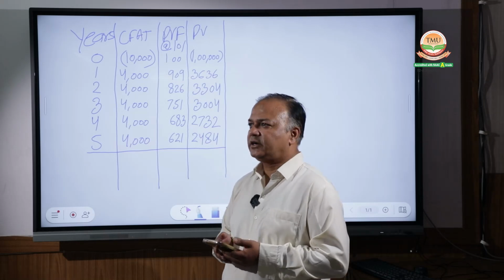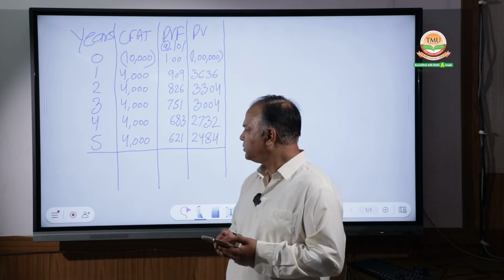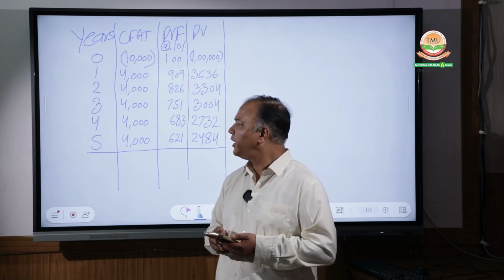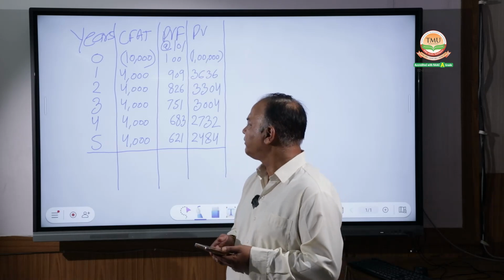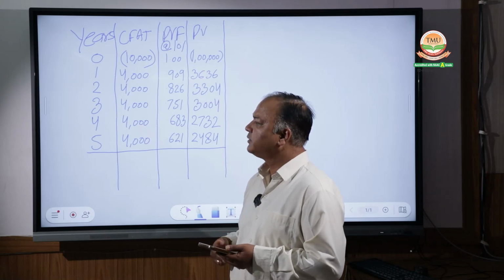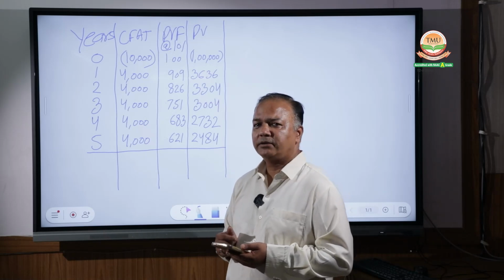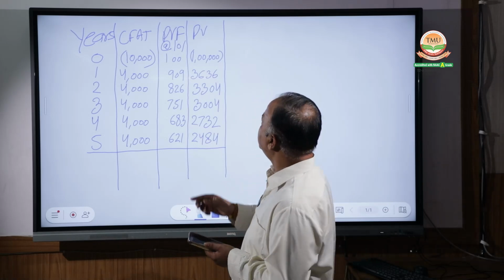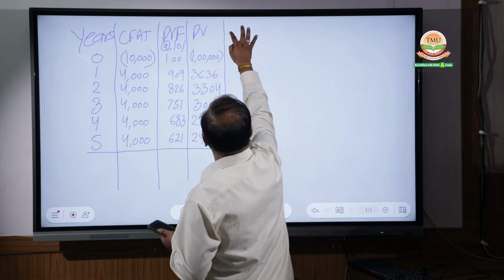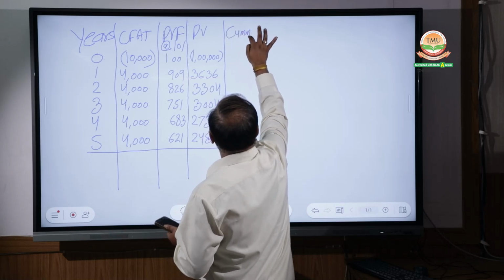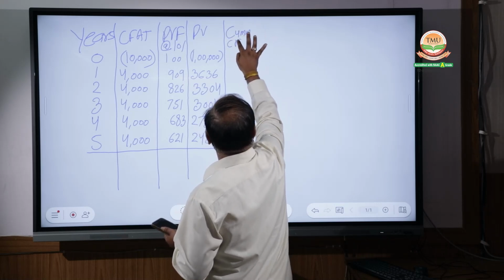Now let's start to find out the things which is required in the question. So first thing which we require in the question is payback period. Whenever we have to calculate payback period, simply we have to write here cumulative CFAT.